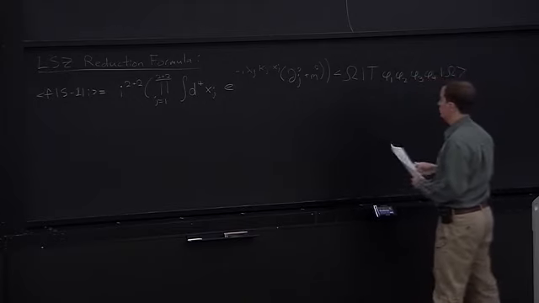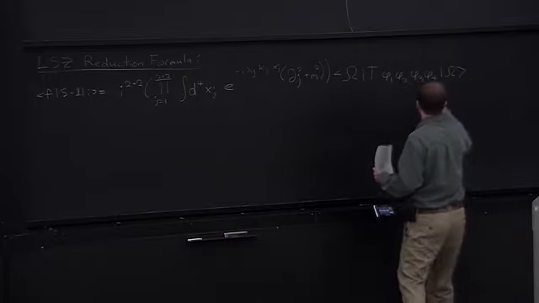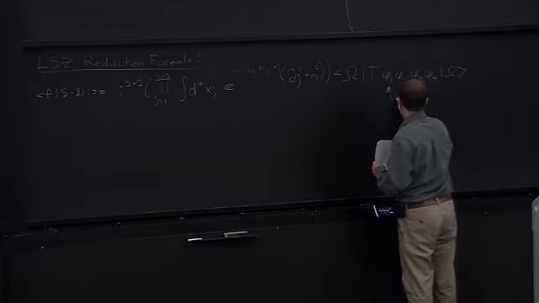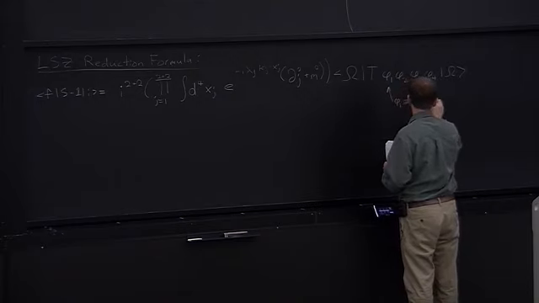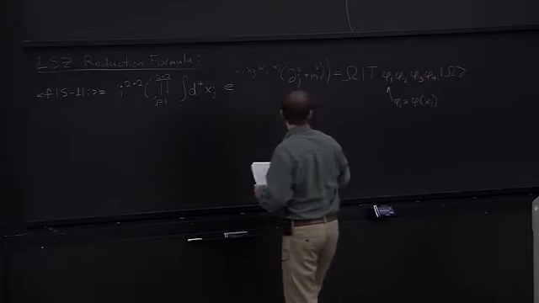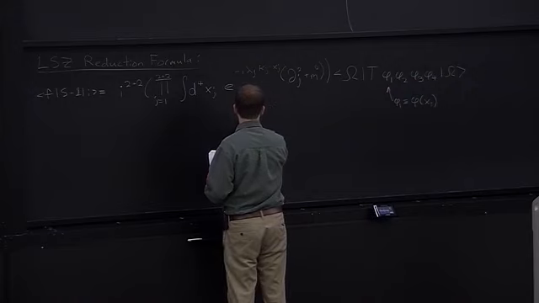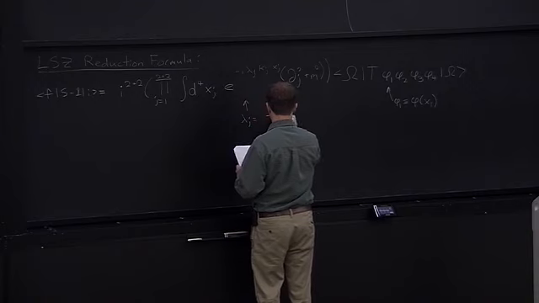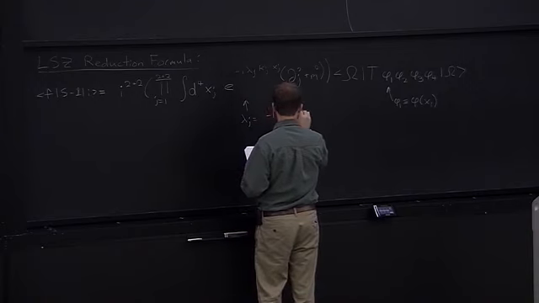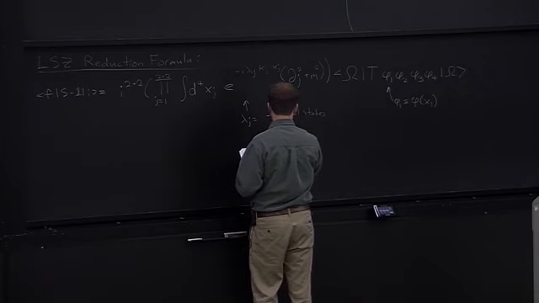I've introduced some notation so I could fit this on one line. Here, phi 1 is defined to be phi of x1. I've already defined dj squared, and I've also introduced the notation that lambda j is -1 for final states and +1 for initial states.